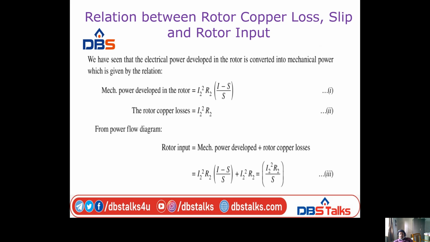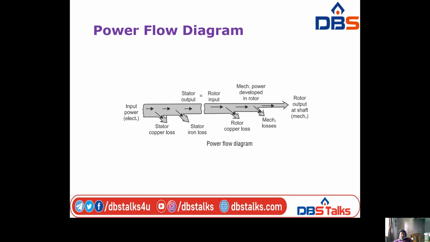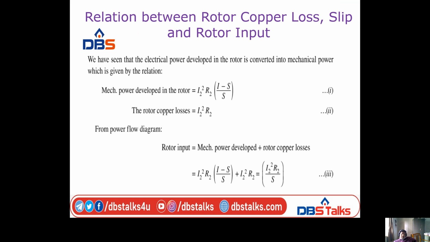From the power flow diagram, look at the figure. Rotor input is equal to mechanical power developed plus rotor copper losses. So mechanical power developed, that is I2 square R2 (1 minus S) by S, plus rotor copper losses I2 square R2.